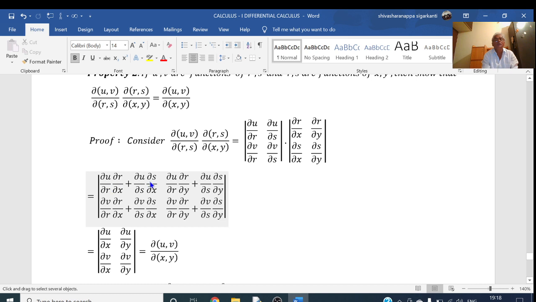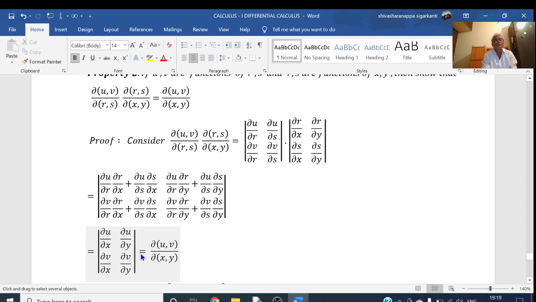What about this term? ∂u/∂r ∂r/∂y + ∂u/∂s ∂s/∂y is the differentiation of u with respect to y. This is nothing but ∂u/∂y. And this is ∂v/∂r ∂r/∂x + ∂v/∂s ∂s/∂x, the differentiation of v with respect to x. This is nothing but ∂v/∂x. And this is nothing but ∂v/∂y.